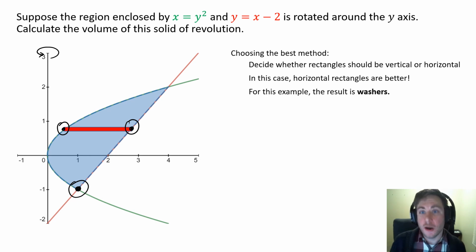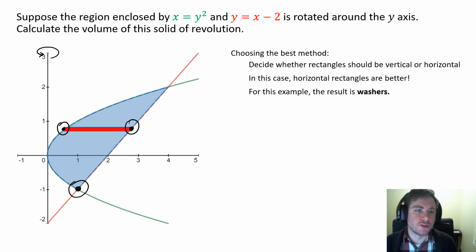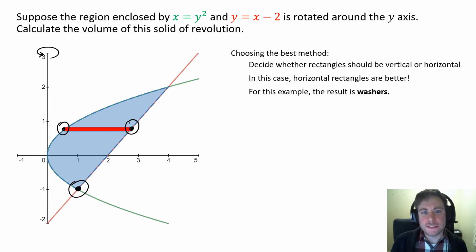And that's just a consequence of the fact that you chose horizontal rectangles in a situation where the rotational axis is vertical. The bottom line is that instead of asking whether you want to use disks, washers, or cylindrical shells, you should instead ask whether you want to use vertical or horizontal rectangles and let that decision influence your choice of method.